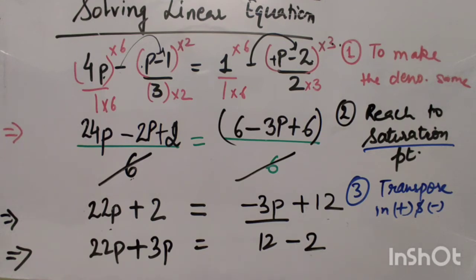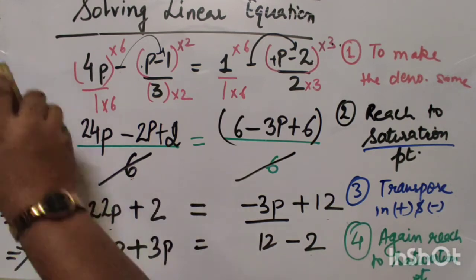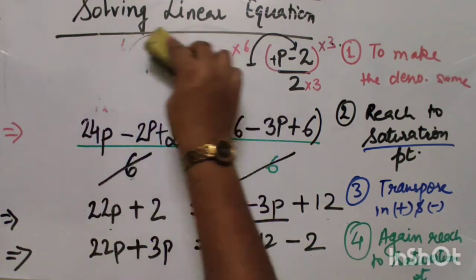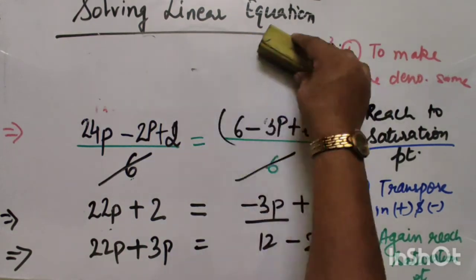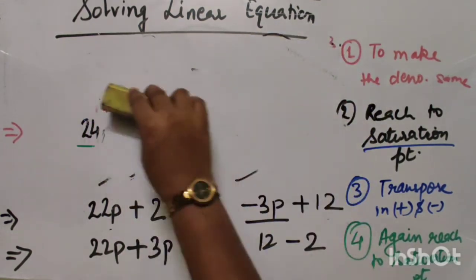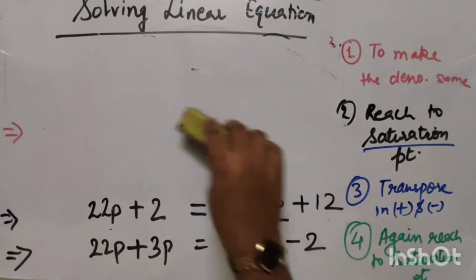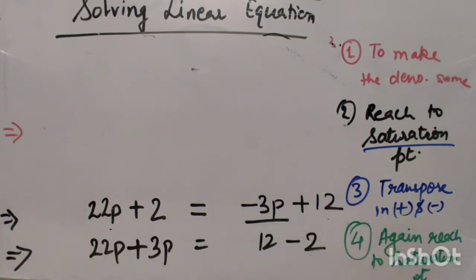Now we move towards the fourth point, which says again we have to reach the saturation point, which means again we are going to solve it. Always follow all these steps in this sequence only, then you will be able to solve each and every question correctly.